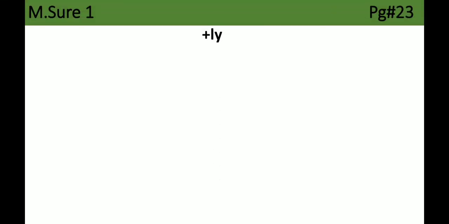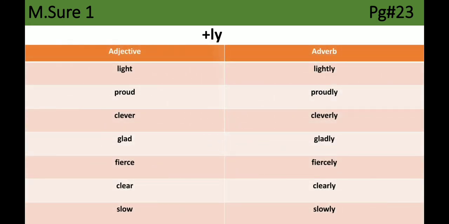So the first rule was to add ly at the end of the adjective to make it an adverb, right? Here is the list of adjectives: light, proud, clever, glad, fierce, clear, and slow. We have to add ly at the end of these words to make them adverbs. Light, lightly.